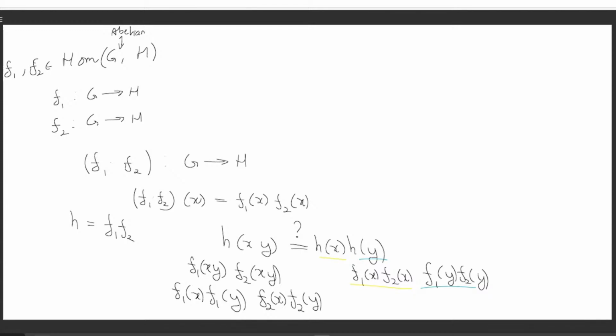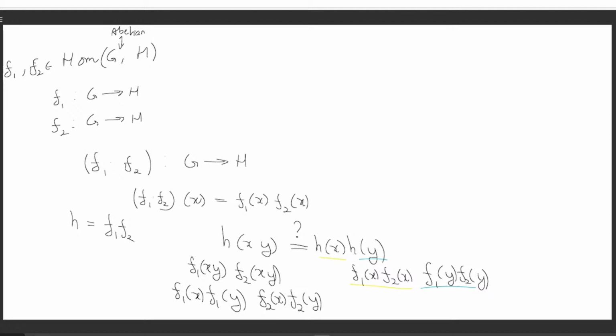The isomorphism theorem tells you that G modulo the kernel of f is isomorphic to the image. These elements are in the image. Any quotient of an abelian group is abelian. That's all you need. You don't need H to be abelian. This image is abelian.